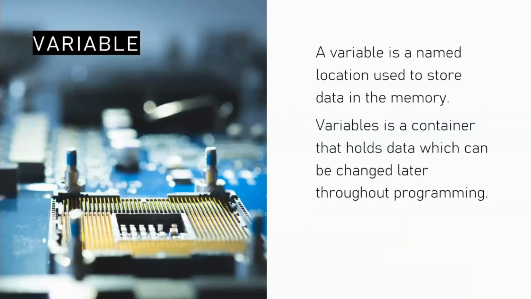Coming to variable. A variable is a named location used to store data in the memory, right? We have so many rooms in the house. There is normally a guest room in everyone's house. So guests come, guests go, guests come, guests go.